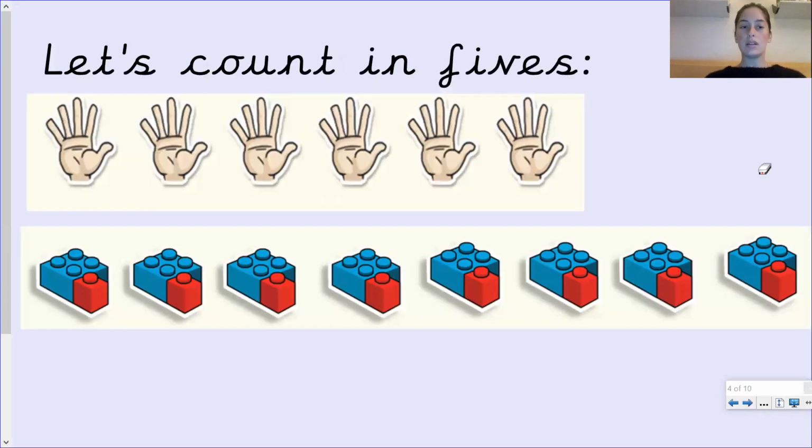Okay, so today's learning objective was to use our knowledge of the 5 times table to count in steps of 50. So let's refresh our memory on counting in fives. Let's count in fives together for the first set of images, and then you can have a go at counting in fives yourself. 5, 10, 15, 20, 25, 30.